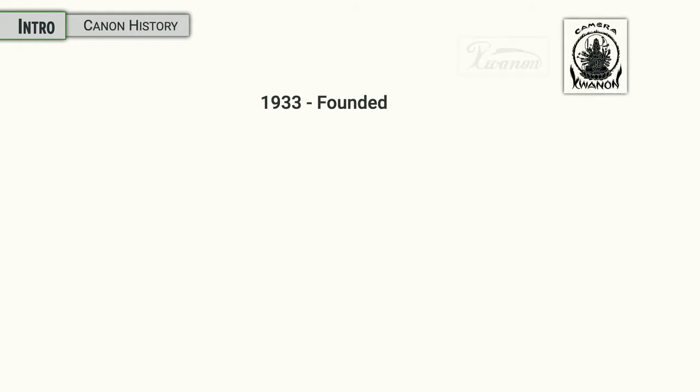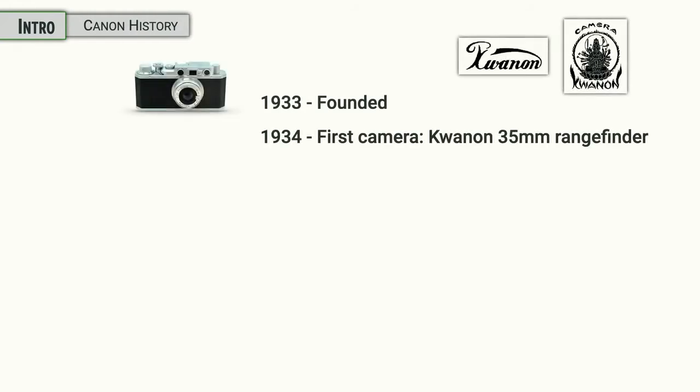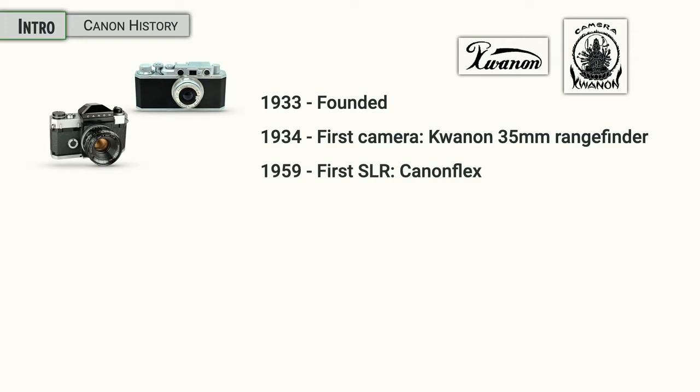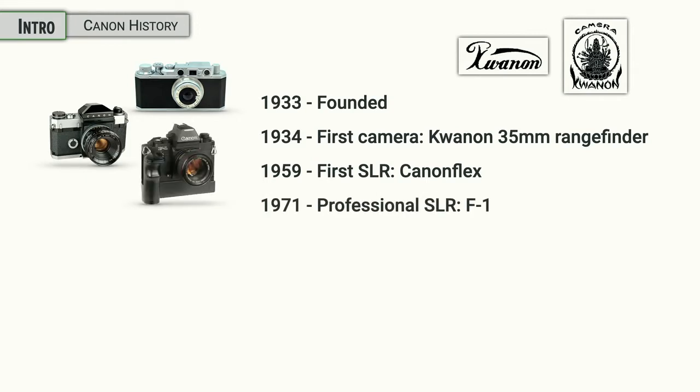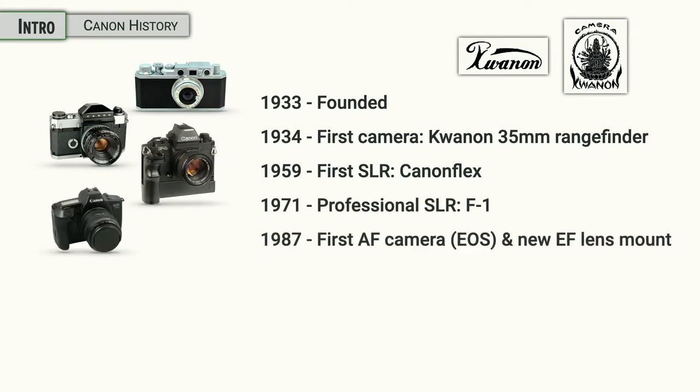Okay, a little moment on Canon history. I always like to know, who is this company? I know we know Canon. They've been around for a long time. They started making low-end cameras, actually. They were going after the low-end market when they first got started, and then they went for the high-end market back in '71 with their professional F1 camera. 1987 is a big year because that's when they went autofocus.